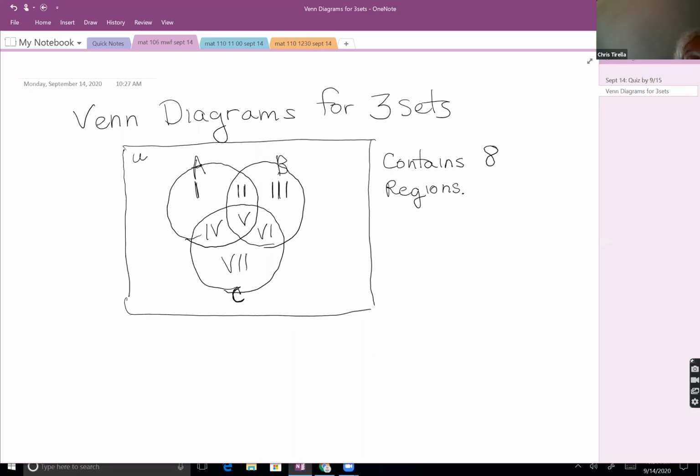Down here in the bottom, we'd have 7. And then over here, we'd have 8. So they're sometimes shown with Roman numerals.